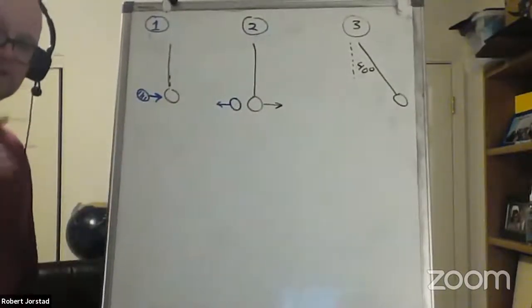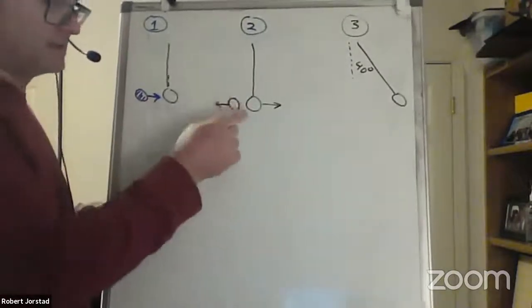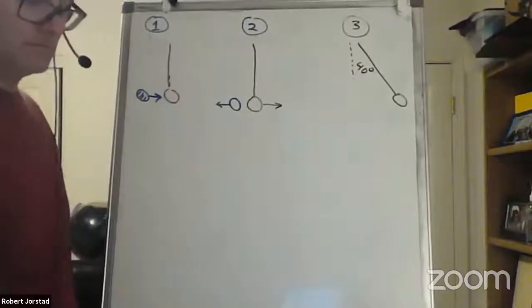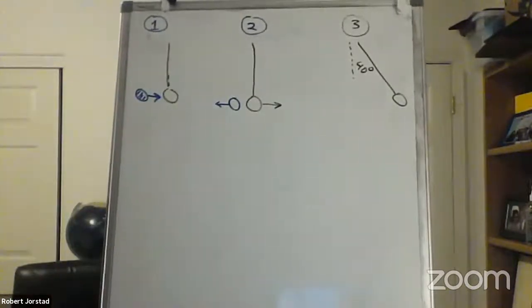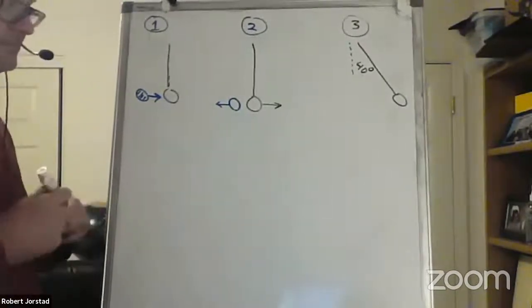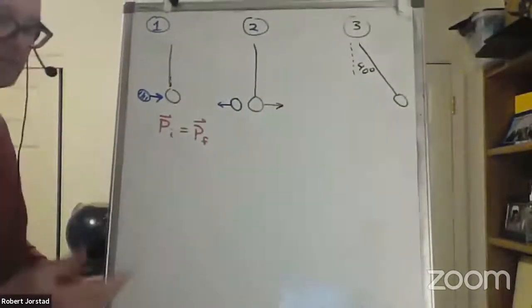My question is this. Between stages 1 and 2, what type of problem should we do? Energy or momentum? Momentum. Yes, there's a collision. Between stages 2 and 3, what type of problem should we do?